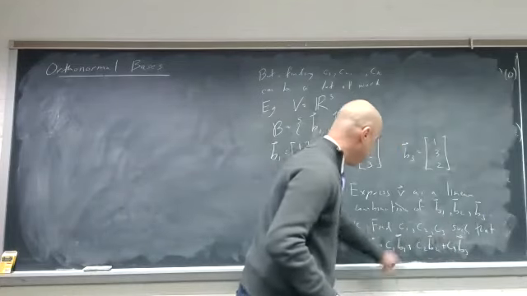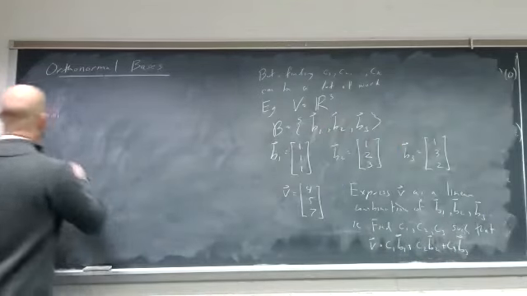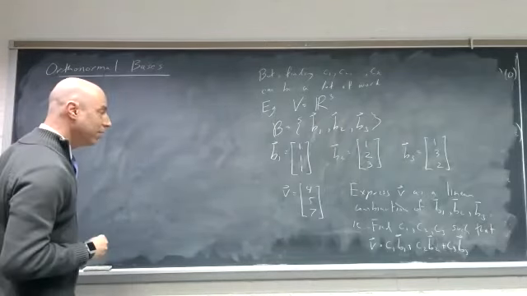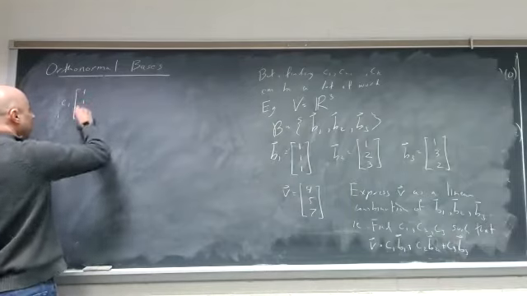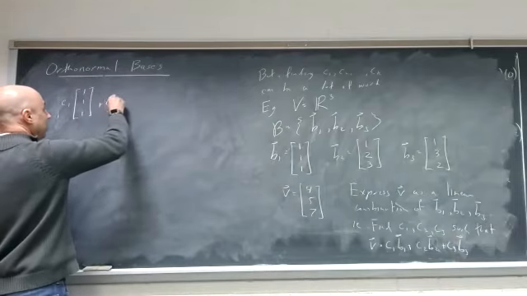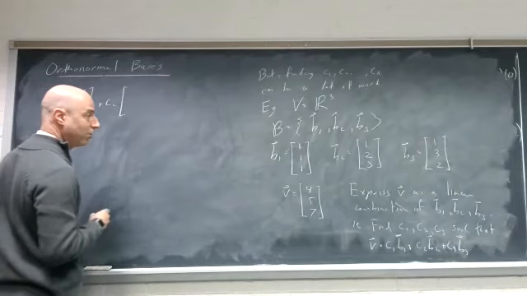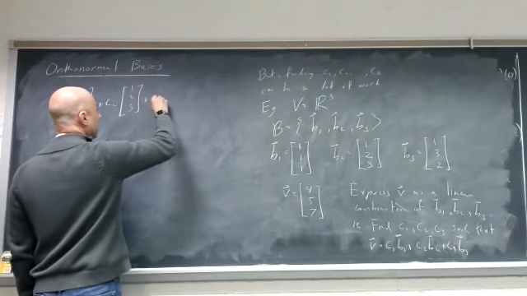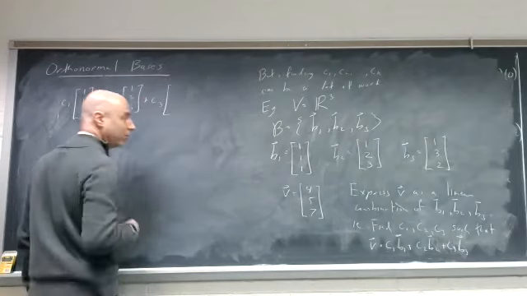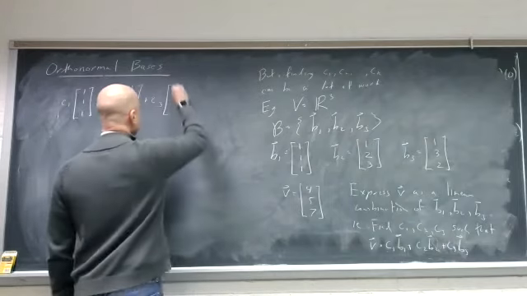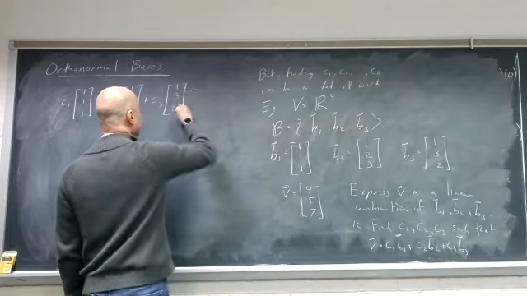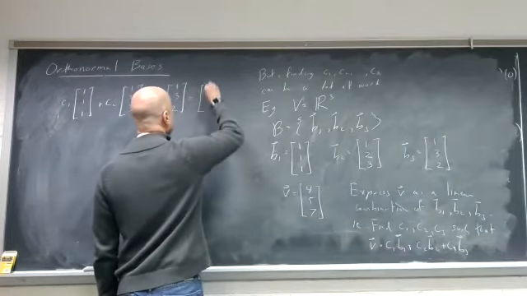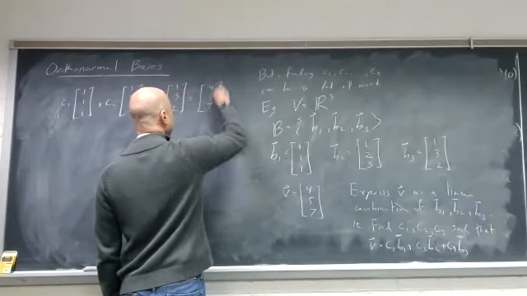I'm going to write the C1, B1 first. So C1 times B1, which is (1, 1, 1), plus C2 times B2, which is (1, 2, 3), plus C3 times B3, which is (1, 3, 2), equals V, (4, 5, 7).